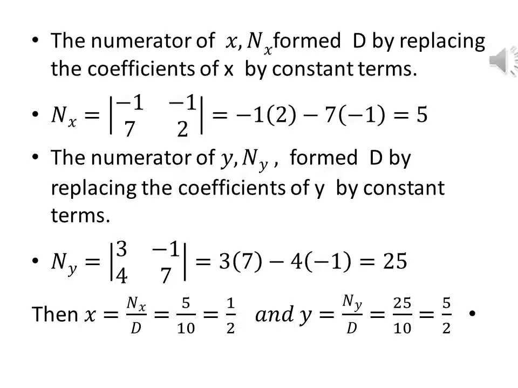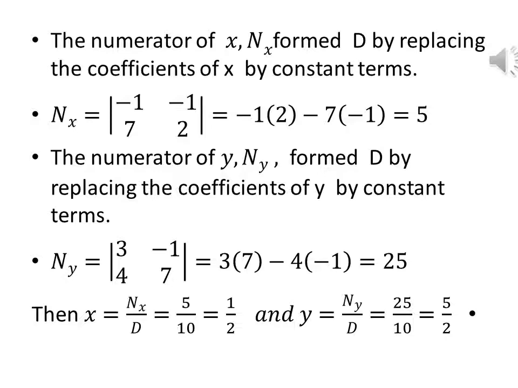Second, how do we get the x value? First, we get Dx. What does Dx mean? We have the determinant, with a column for x and a column for y. For Dx, omit the column of x and put in the column of the constants.